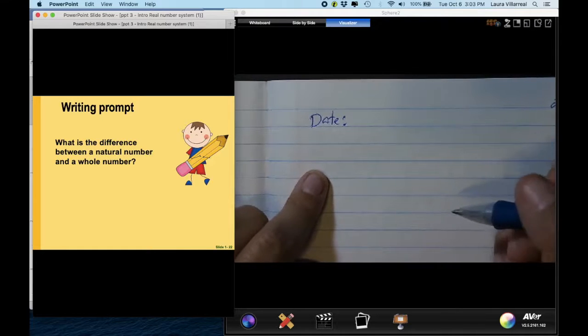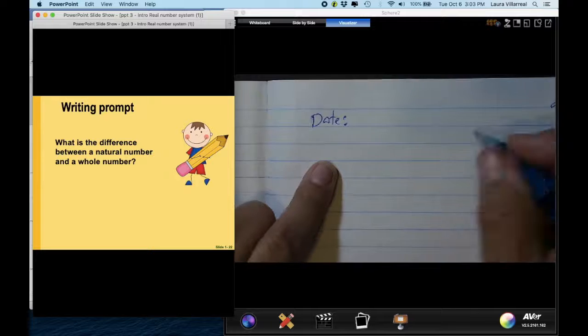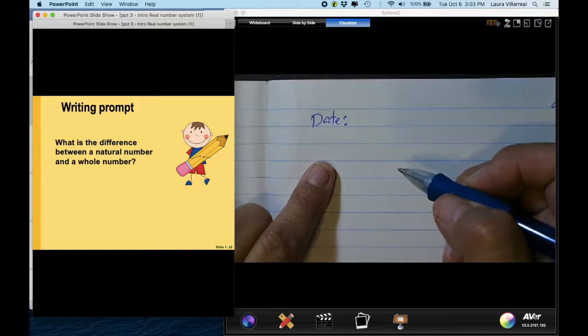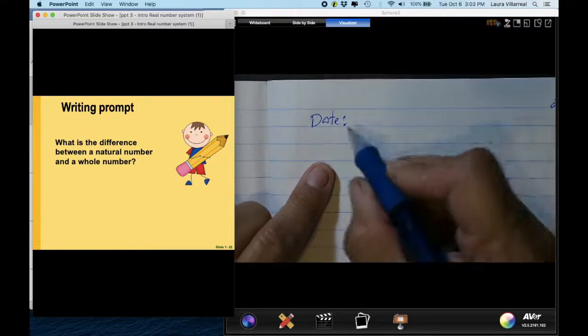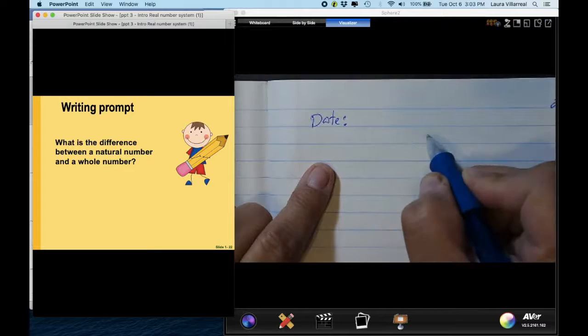So what is the difference between a natural number and a whole number? So instead of copying the question, I'm going to copy and have that begin my sentence.